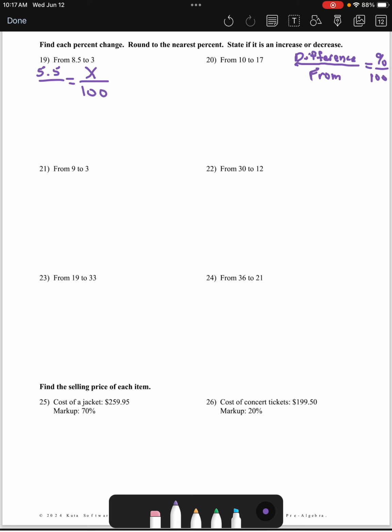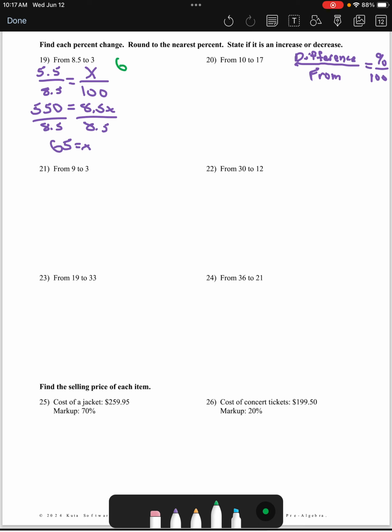The denominator of the first fraction is our from number. Here that is 8.5. Now we can cross multiply. We get 550 equals 8.5x. When we divide both sides by 8.5, we get, to the nearest whole number, 65 for x.